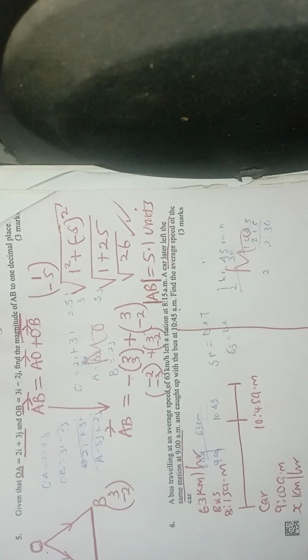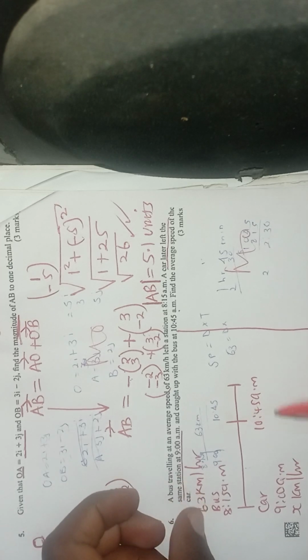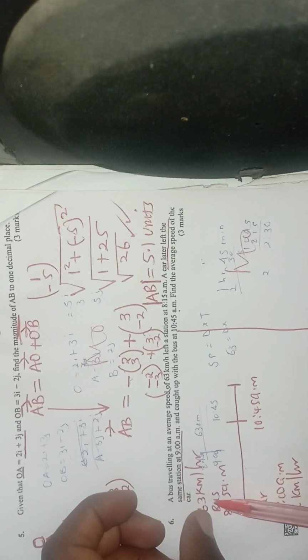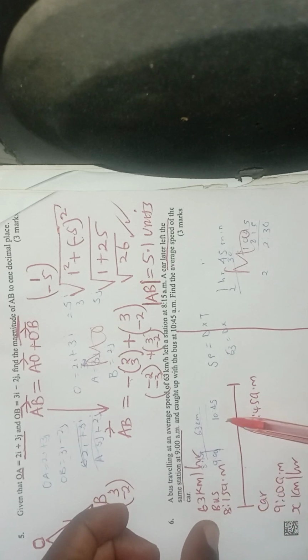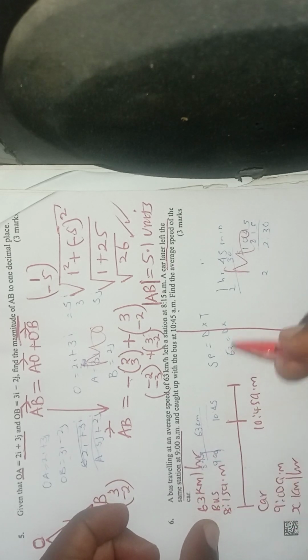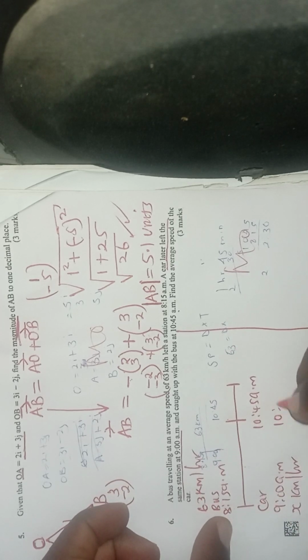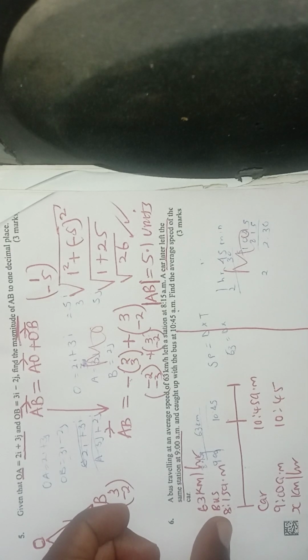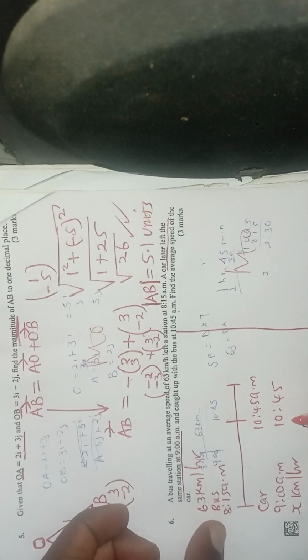Obviously the bus was ahead of the car, but the car comes and meets the bus and of course overtakes it, because we expect the car to be moving at a higher speed than the bus. So we first need the distance covered by the bus from 8:15 to 10:45, because its speed is known. We say 10:45, the time the car catches up with the bus, less 8:15.